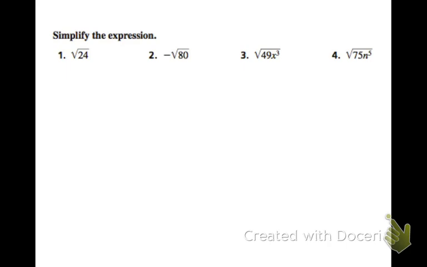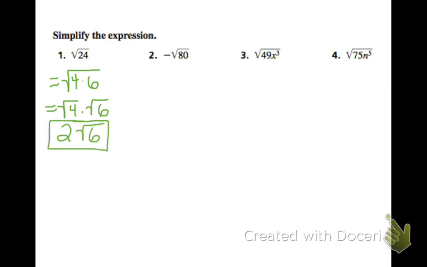So I would say that this is equal to the square root of 4 times 6. Then that could be written as the square root of 4 times the square root of 6, and I can simplify the square root of 4 to be 2, and leave the square root of 6 underneath the radical symbol, and I have it in the simplest form.